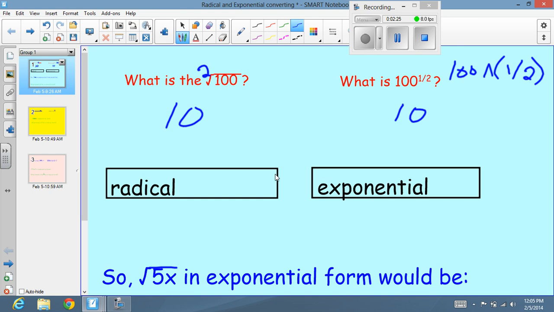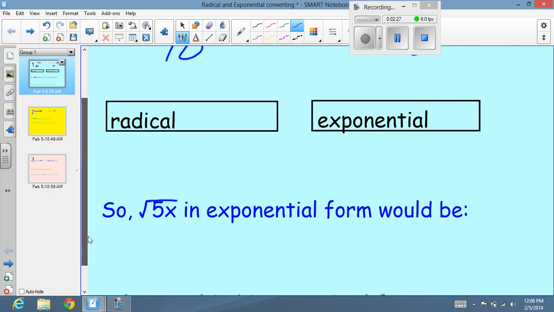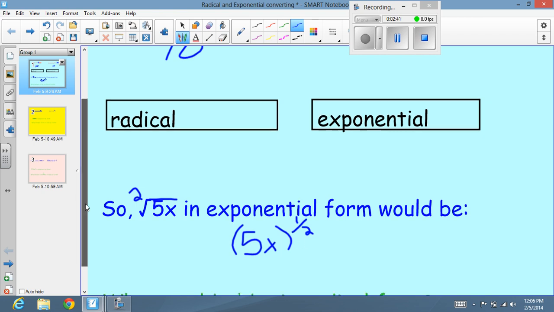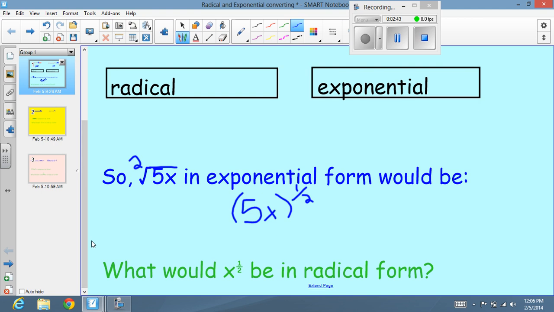Okay? So, if I'm looking at the second root of 5x, well, that would simply be 5x to the 1/2 power. Okay? I changed that to exponential form from radical form.